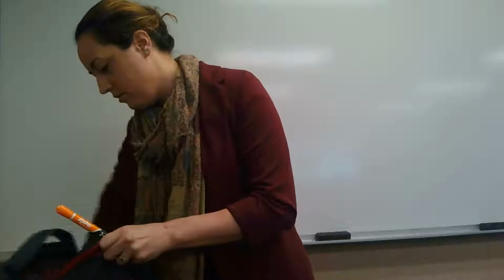So monomers here, and then we have a new box of Sharpies here. The monomers, again, we have amino acids. And then on the polymer, we have the peptide chain. And then for DNA, the polymer is the DNA molecule.